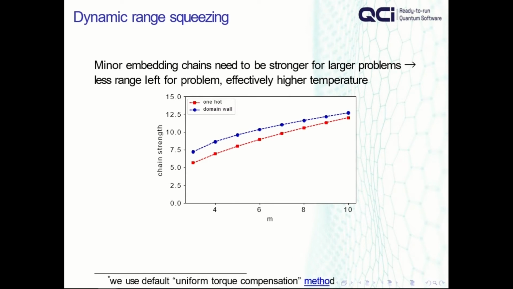That means it's squeezing the energy range of the problem more. We didn't investigate whether other methods of determining chain strength could get away with weaker chains for domain wall. We haven't looked at that thoroughly, but using this method, the chains are stronger, but you're still doing better.